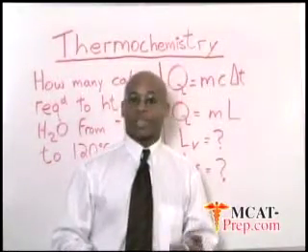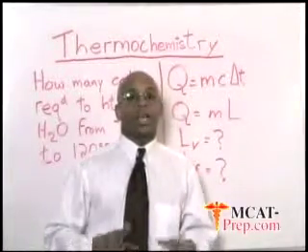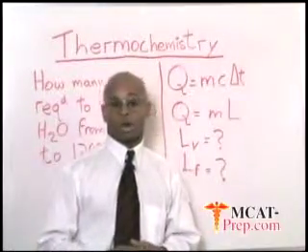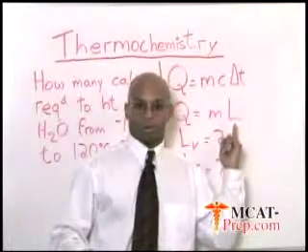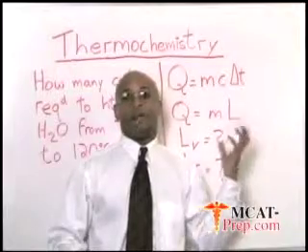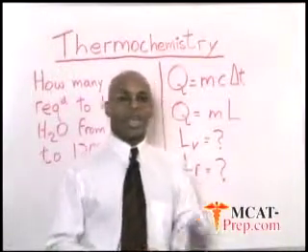And for the L, this time it's the latent heat of vaporization, which happens to be 540 for water. So M is the mass, which is 10 grams. Lv is 540, so we have 5,400 calories, and so on.